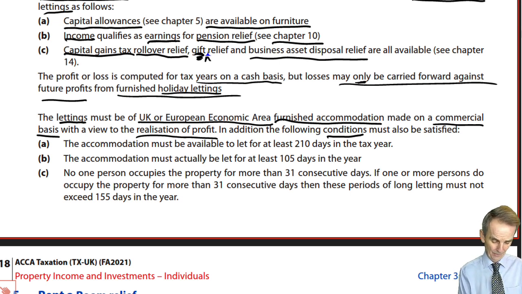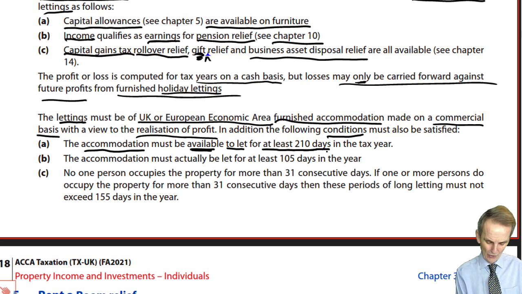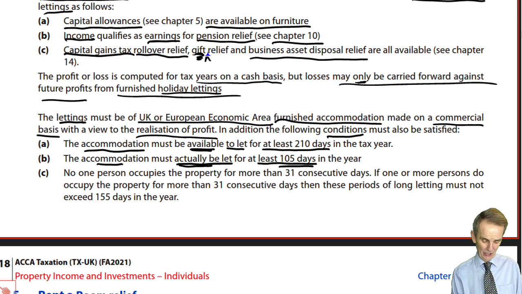So the accommodation in question must be available for letting for at least 210 days in the tax year. Again, the accommodation must actually be let for at least half of that time, 105 days in our tax year.